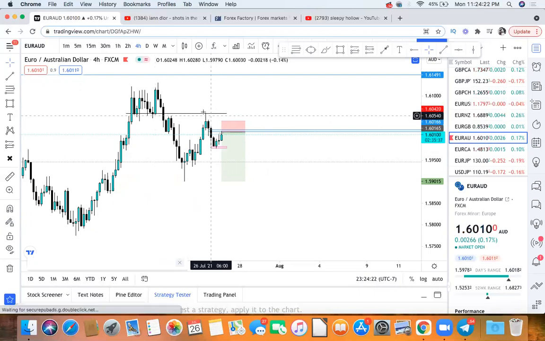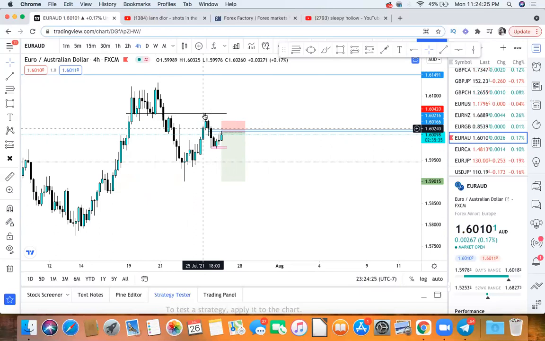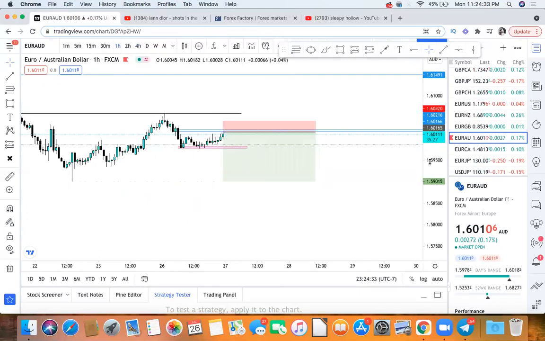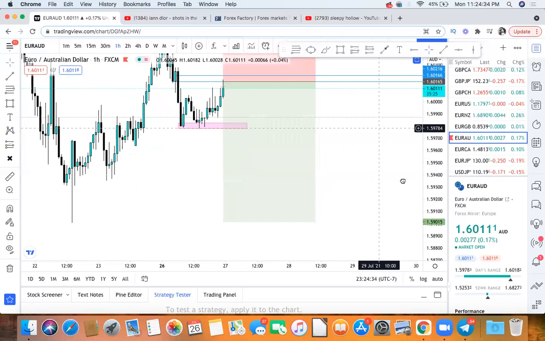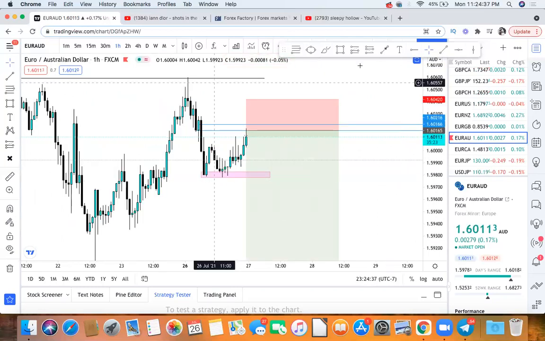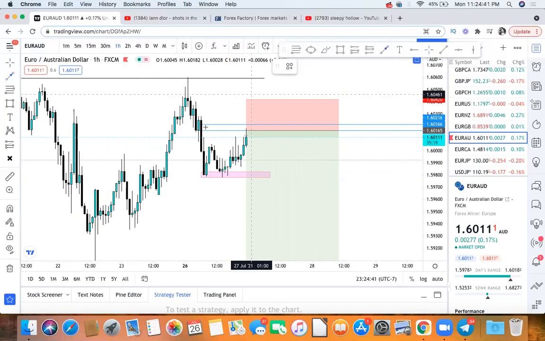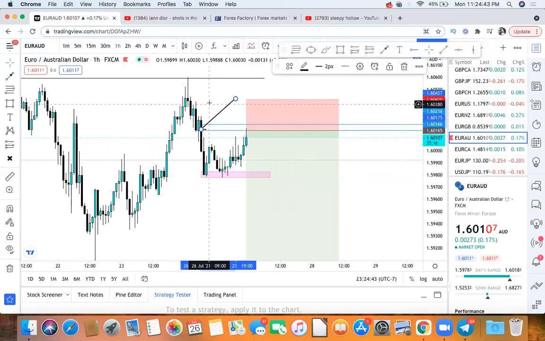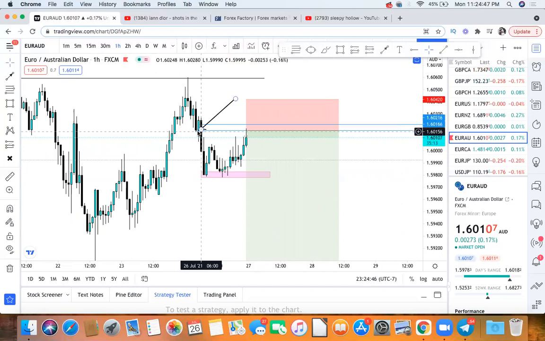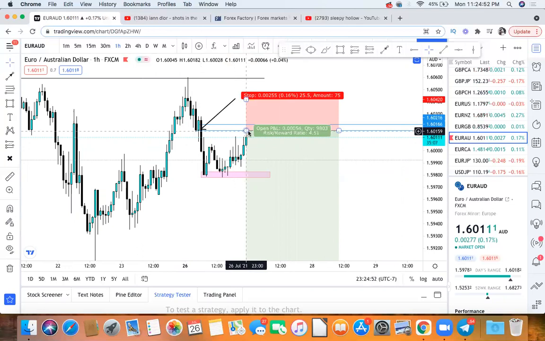So right now, we had that 4-hour market structure retracement to the downside, which now on the 1-hour time frame, we could see how market did come and respect right on point into the opening where we have our accumulation price candle right there. So we can see how market came and tested perfectly into that opening accumulation price candle, and we see that beautiful rejection coming to the downside.